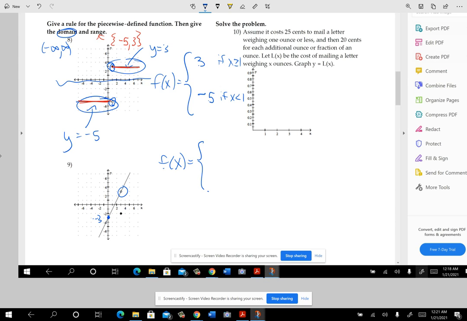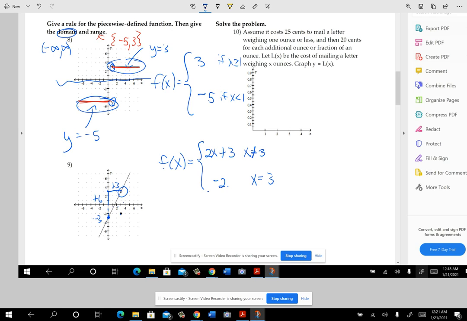Maybe go all the way to there: 1, 2, 3, 4, 5, 6, up 6, and then over 1, 2, 3. So the equation for that line would be y equals 2x plus 3, and that would be defined as long as x was not 3. And then when x does equal 3, you define it to be down there at -2.